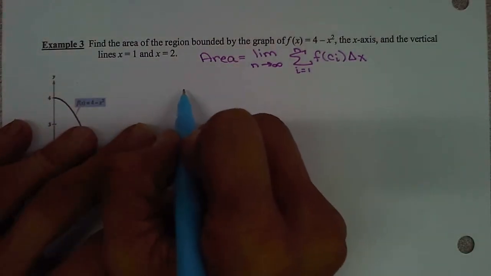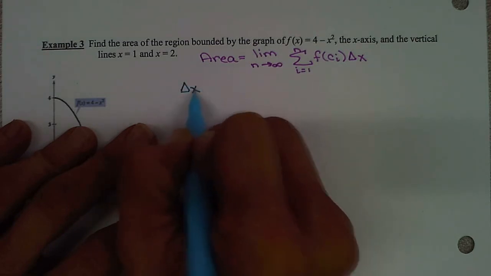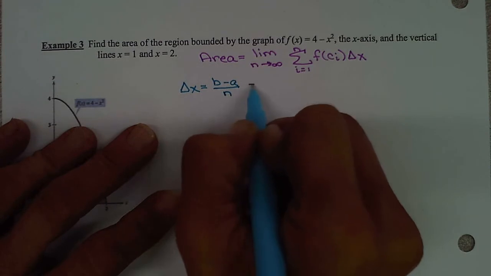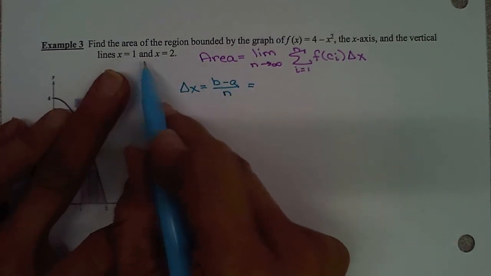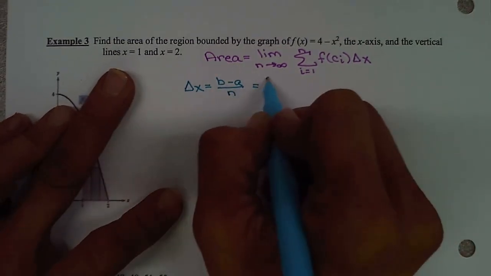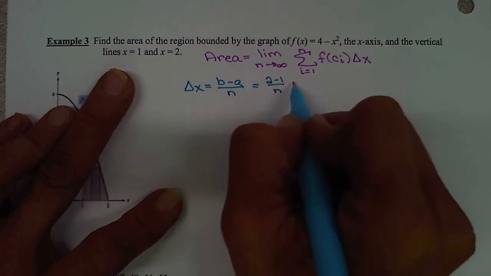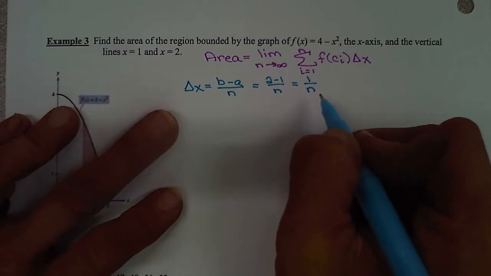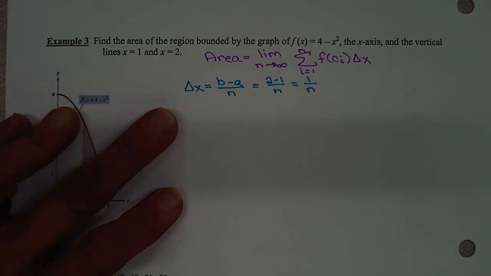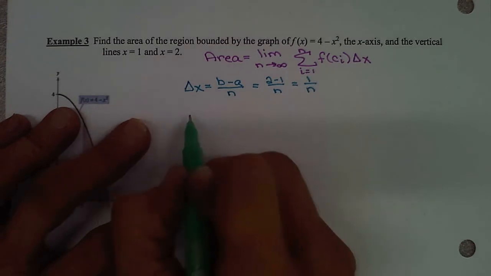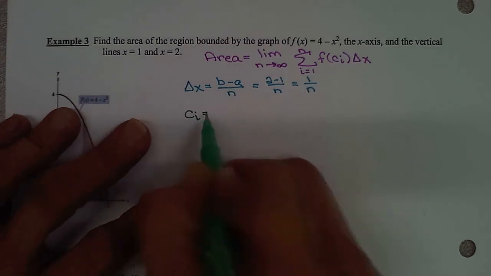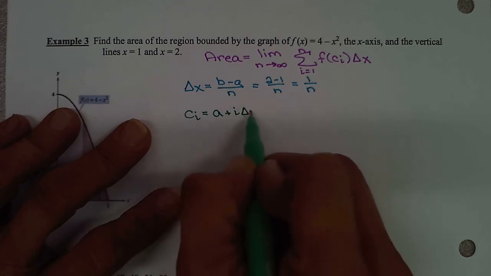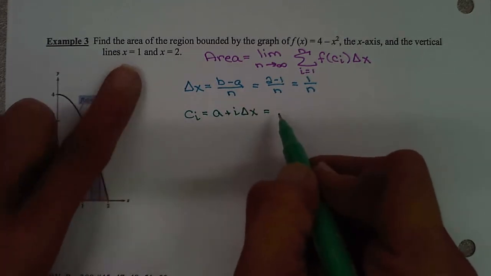So on here first, my delta x is that b minus a over n, which in this case, my b and my a is a 2 and a 1. So 2 minus 1 over n, which is just a 1 over n, just like we had on the last one. However, my c sub i is going to end up being different, because for this one, that a plus i delta x, my a is no longer 0.